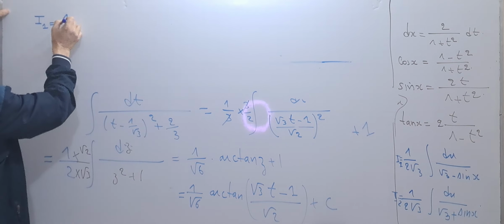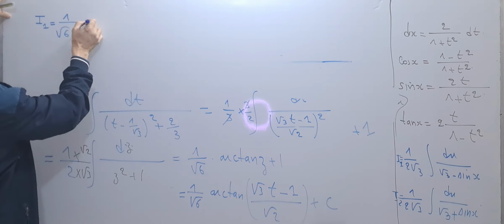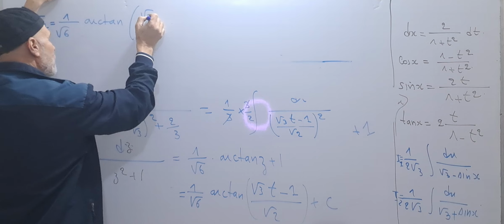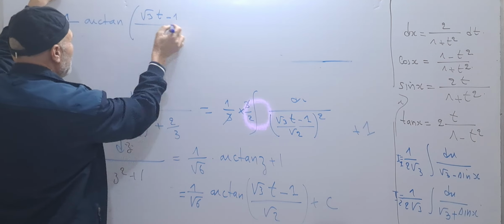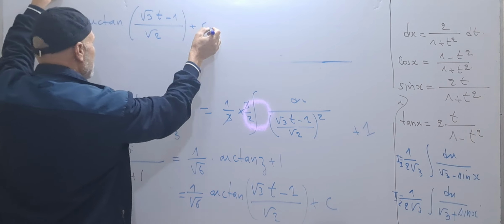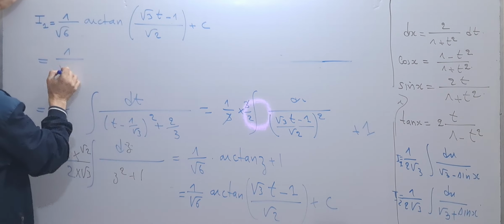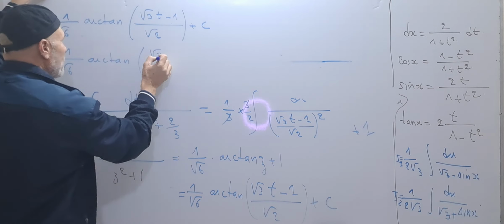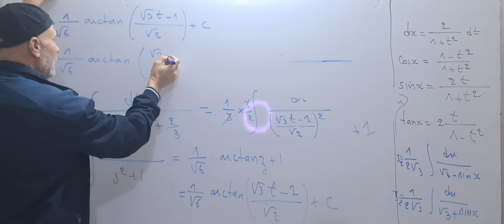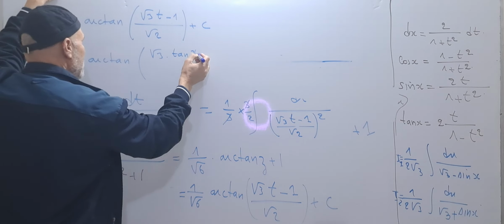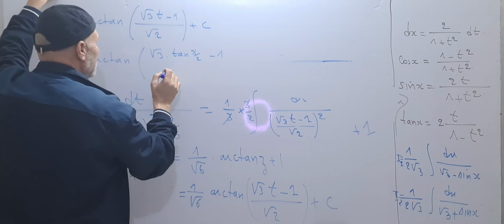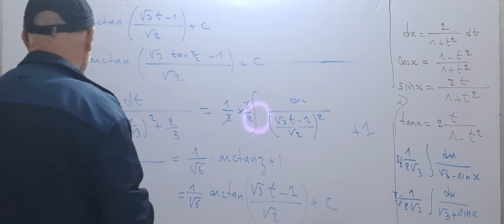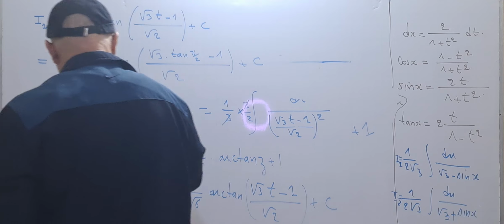It is equal to 1 over the square root of 6 arc tangent the square root of 3t minus 1 over the square root of 2 plus constant, and it is equal to 1 over the square root of 6 arc tangent the square root of 3t, where t is actually equal to tangent x over 2, minus 1 over the square root of 2 plus a constant. This is about E1.